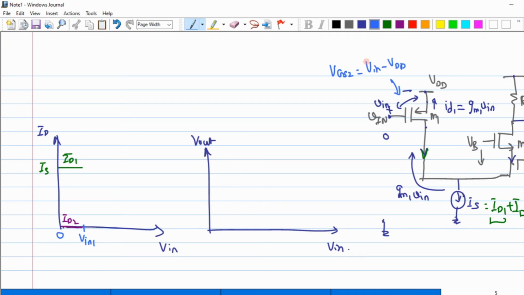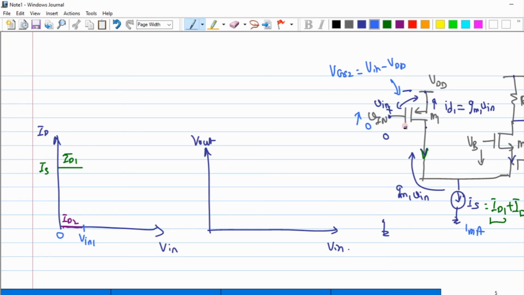Okay, let us assume that my IS is expecting a current of 1 milliampere. When the value of this Vin is equal to 0, the VGS value was completely equal to VDD, due to which all of this 1 milliampere current was flowing through this M1 transistor. Now when I increase this voltage, I'm reducing the VGS value of my M1, due to which the current through M1 has to drop.